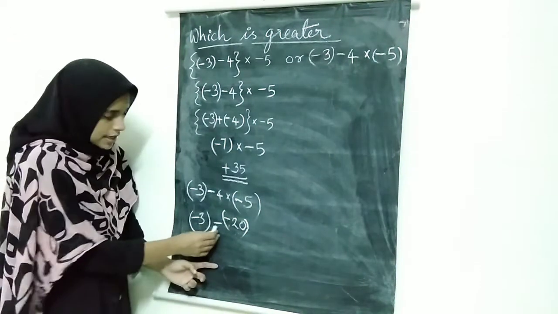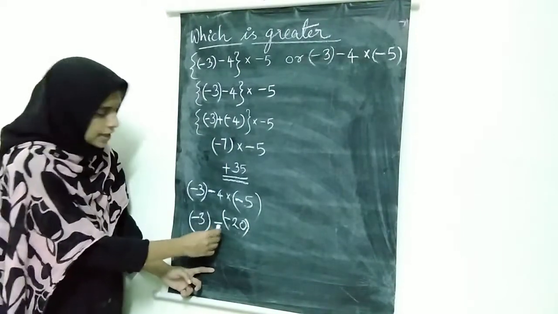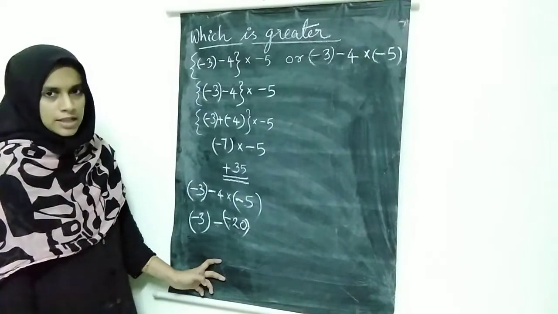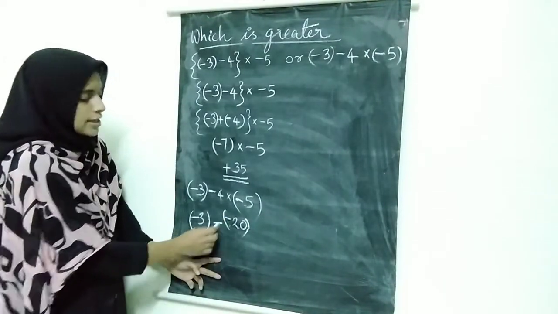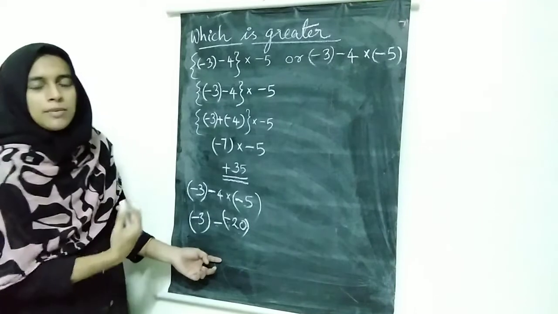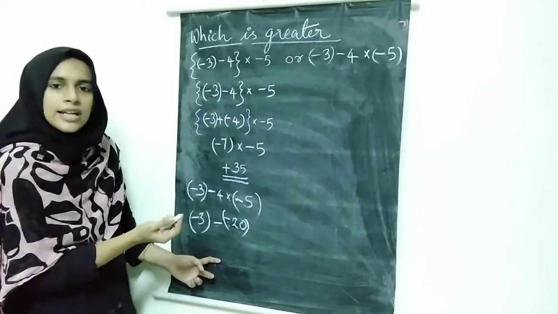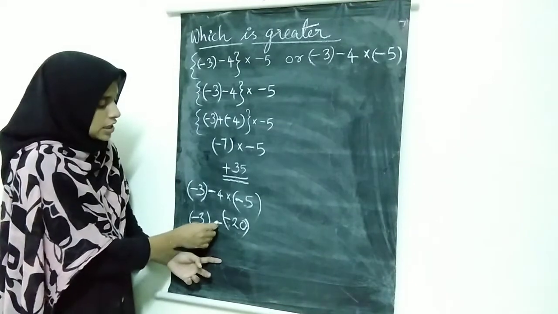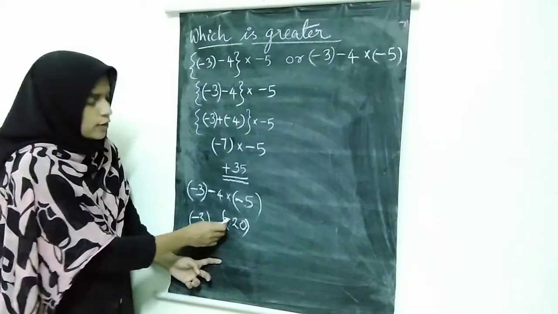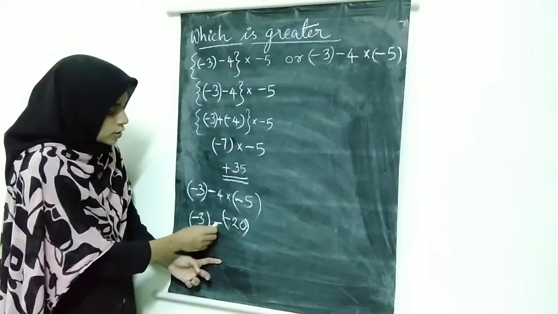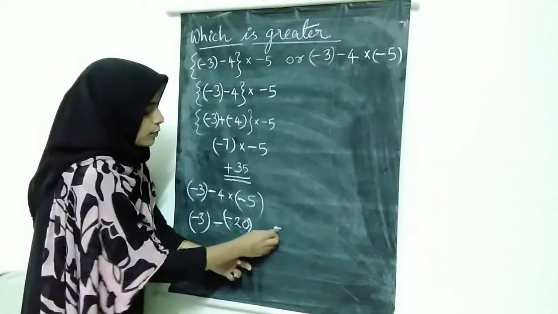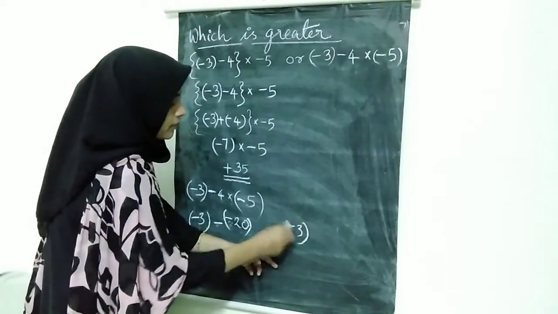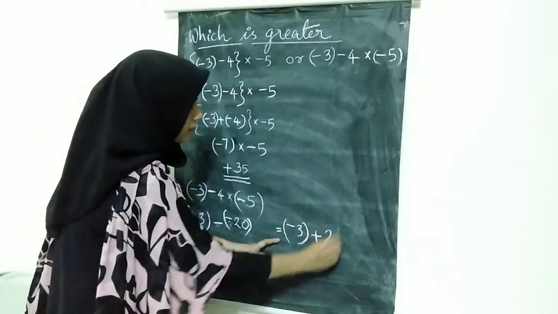Here minus is for the operation and this negative is the integer's negative sign. So two minus signs come together, one inside the bracket and one outside the bracket. It will become plus. This means negative of negative. Negative of means into. So negative into negative, positive. So this we can write -3 plus 20.